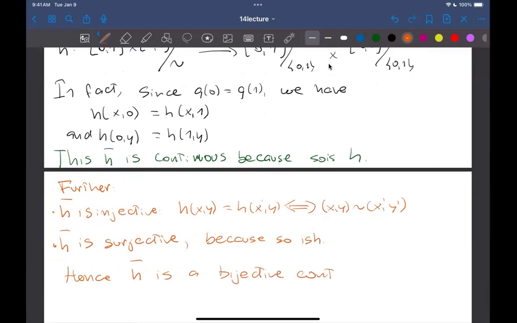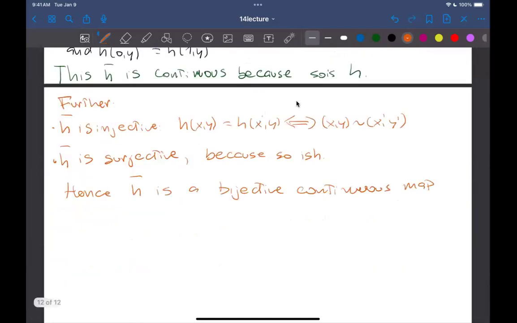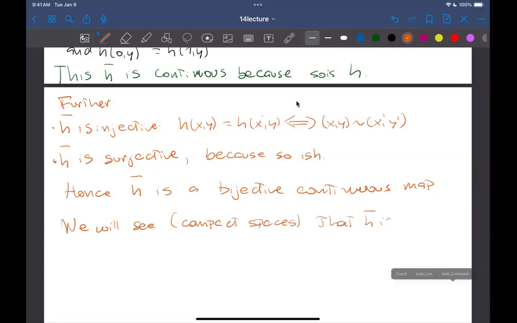And once again, just to incentivize our study of compact spaces, we will see that H bar is a homeomorphism. It needs to be a homeomorphism, so we don't need to prove the inverse will be continuous.